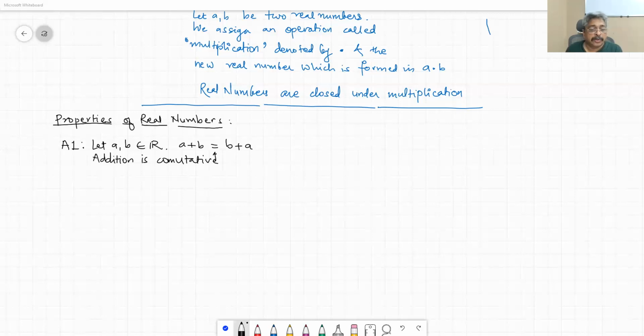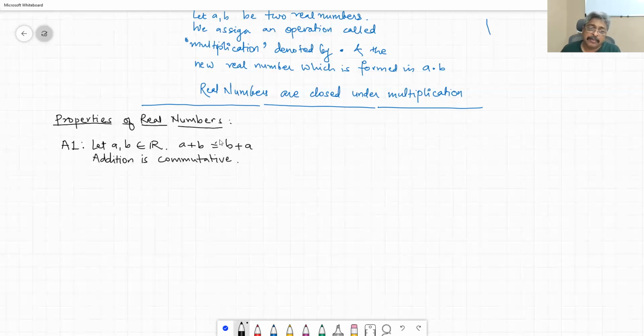My handwriting has gone so bad because my board is not in line with my pen. This is the first property, which is very easy to understand. A plus B is always going to be equal to B plus A.